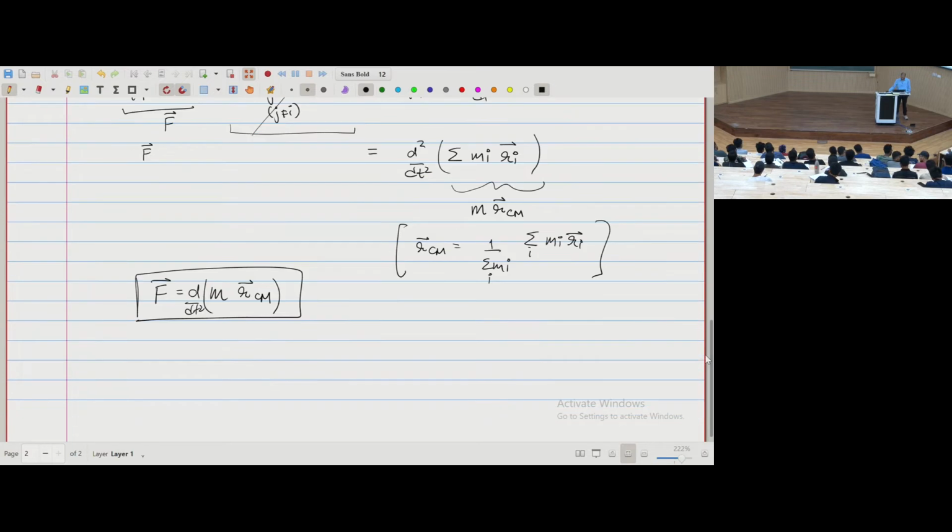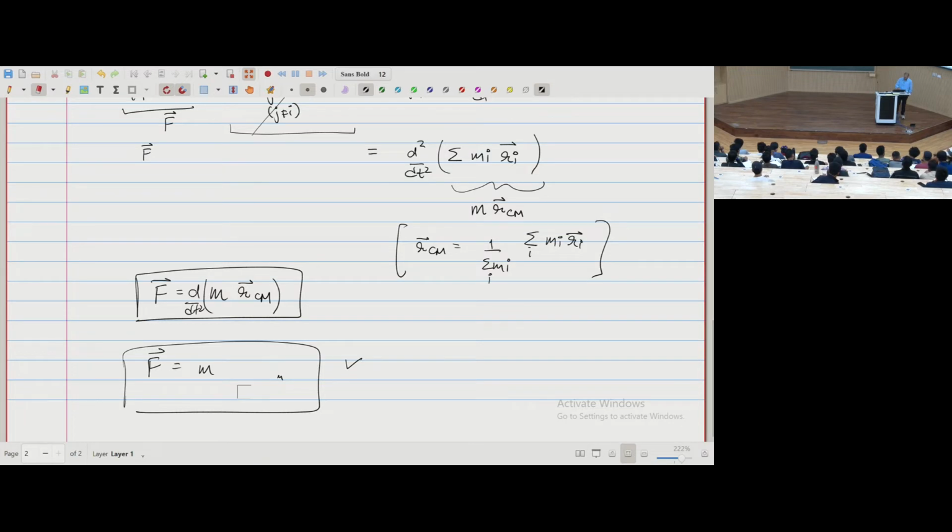Or we can write this. If you look at the second form, what that tells us, for a system of particles, the net external force, or the sum of all the external forces acting on all the particles, is equal to the overall mass of the system, that is the sum of all the masses, times the acceleration of the center of mass.